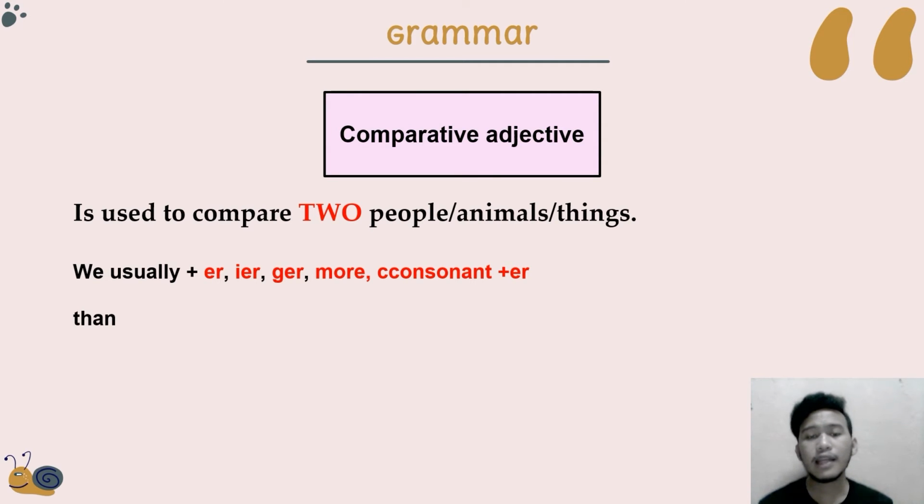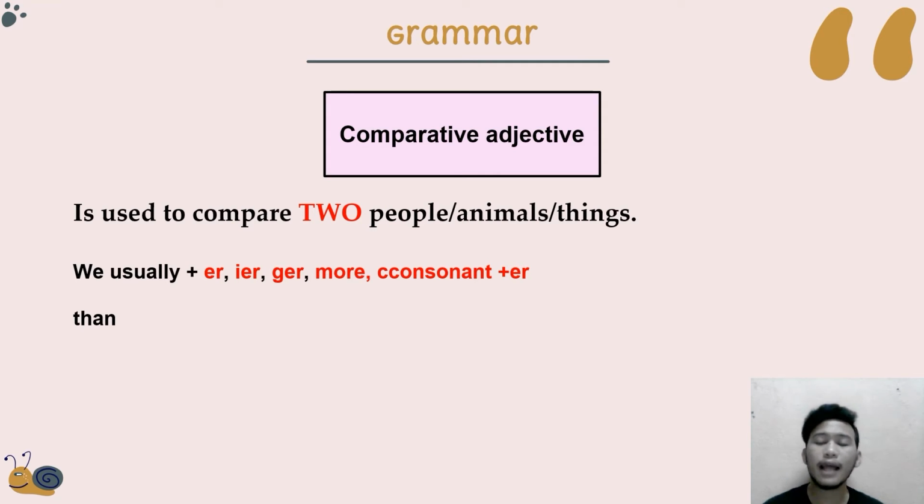Then in comparative adjective, usually we will use than when we want to compare between two things. As I said earlier, for example, the lion is scarier, then we add than after scarier. The lion is scarier than the cats.